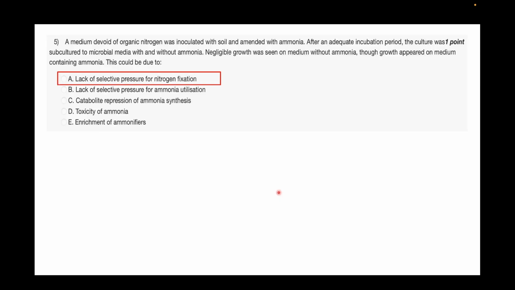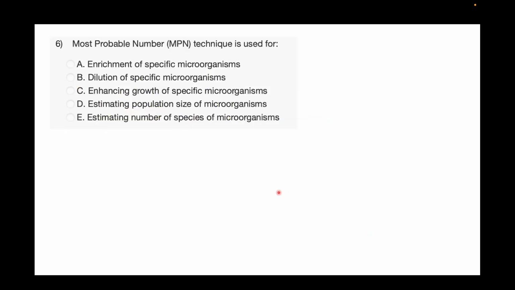Okay, very nice. Moving on to the sixth question. Most probable number technique is used for dash. Option A, enrichment of specific microorganisms. Option B, dilution of specific microorganisms.